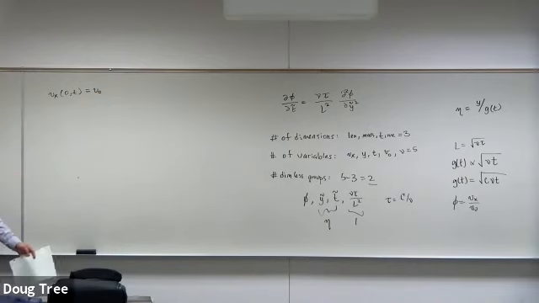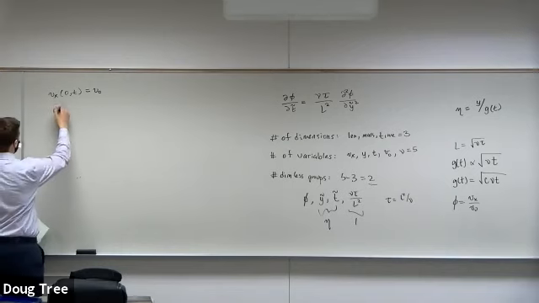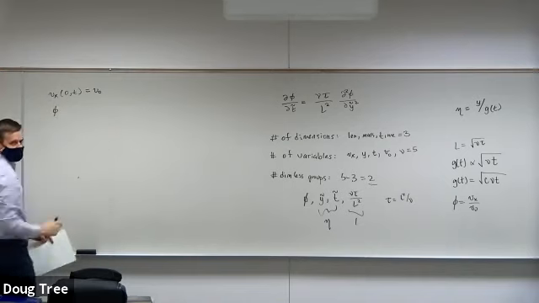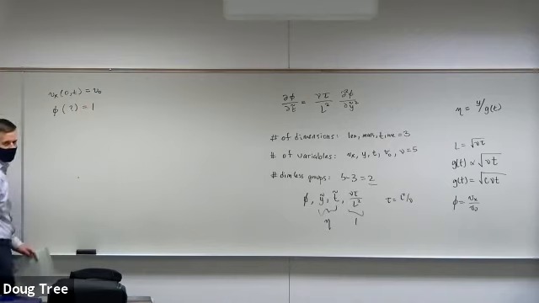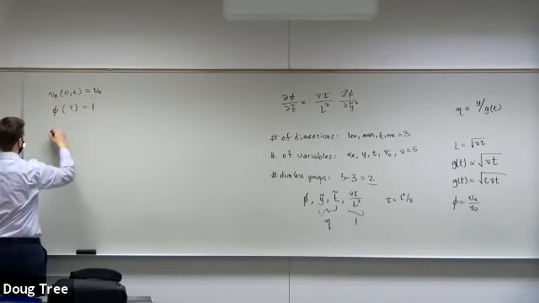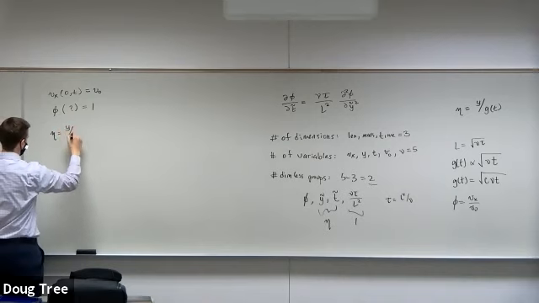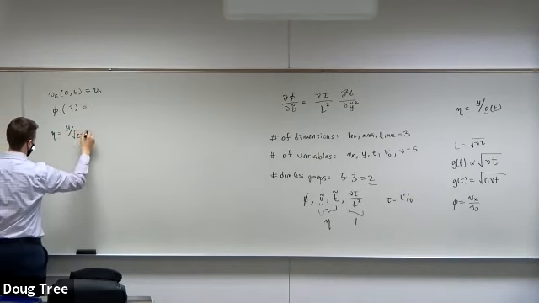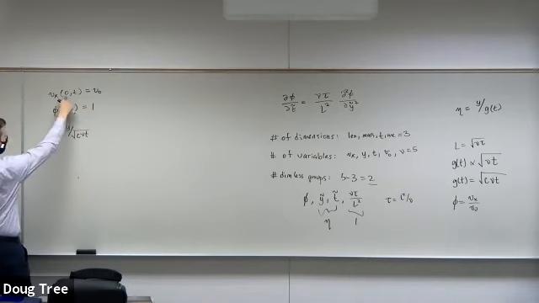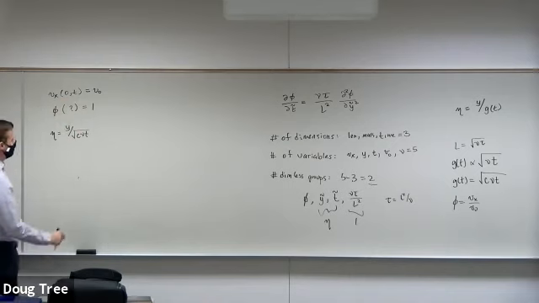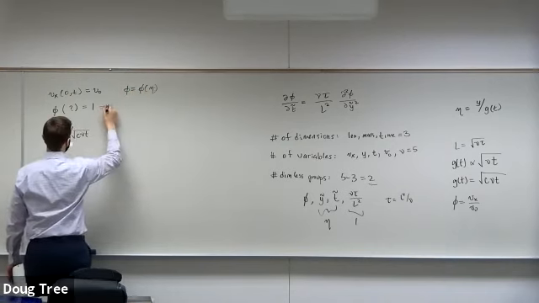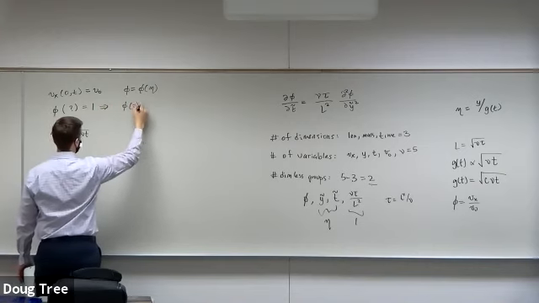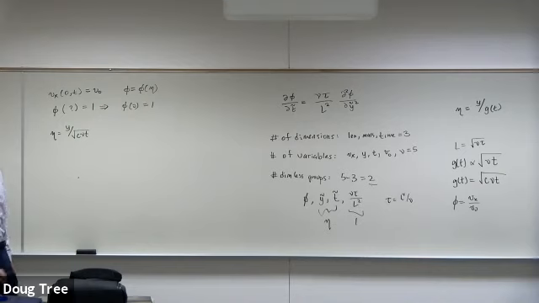That should be pretty easy to convert. If I divide both sides by V naught, phi at something is equal to 1. Well, what's that something? Eta was equal to y over the square root of c nu t. This is at y equals 0, right? So if I have phi as a function of eta only, then phi at 0 is equal to 1. So that's one of my boundary conditions.